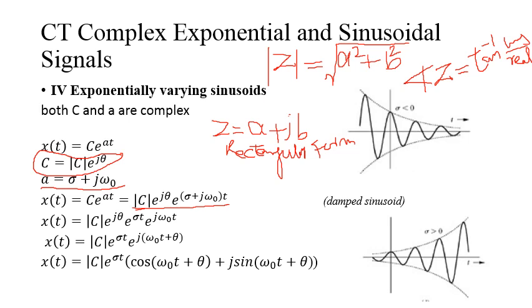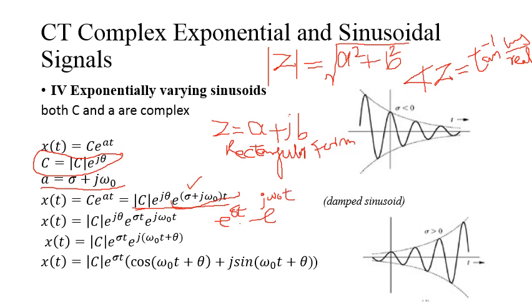So that means if I simplify it, I hope you understand how to simplify it, right? If I split it into real and imaginary, I can write this thing as e power sigma t, and e power j omega naught t, right?